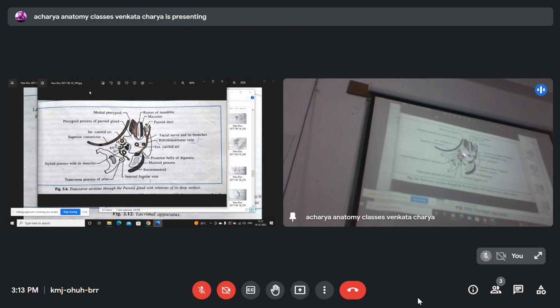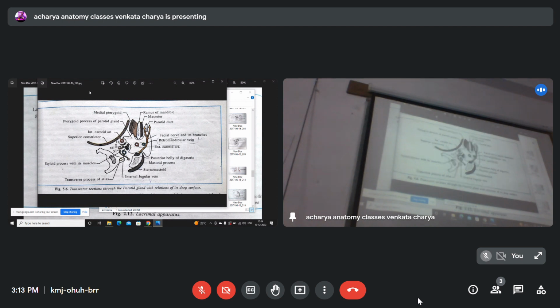Cranial nerves. What is the ninth nerve? Glossopharyngeal. What is the 10th nerve? Vagus. 11th nerve? Accessory nerve. 12th nerve?